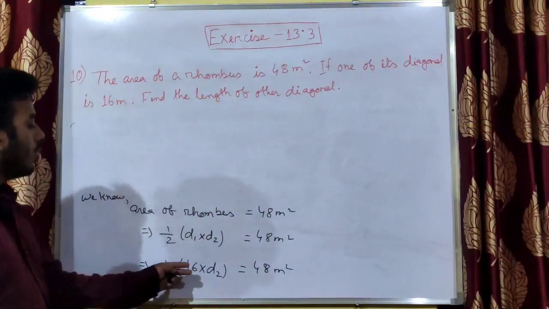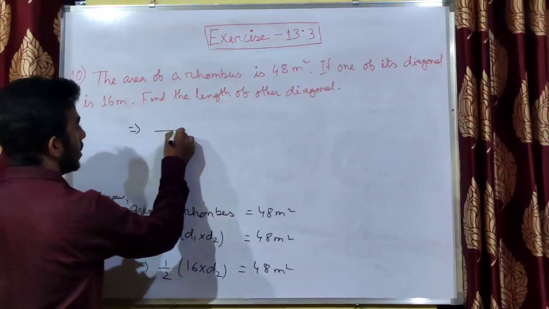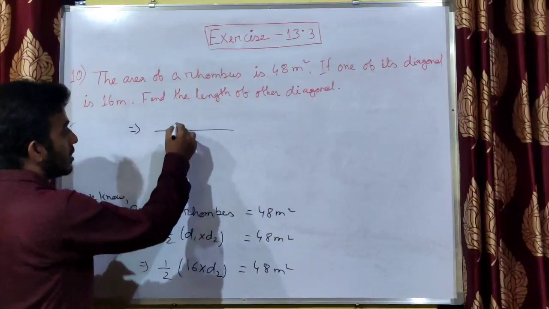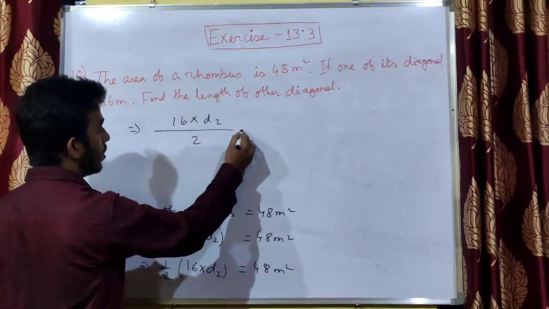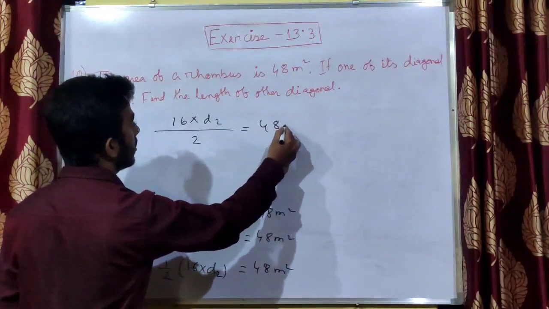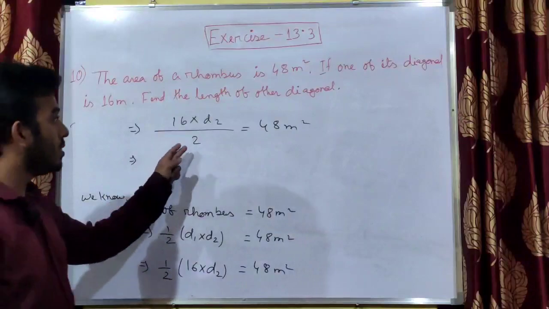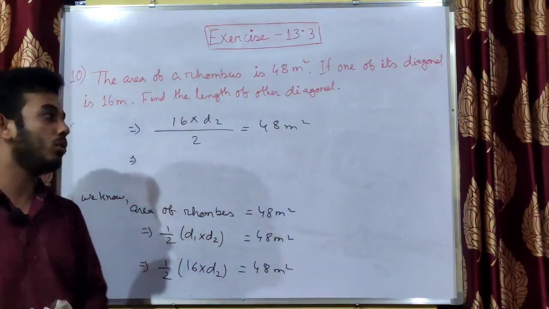So now we will multiply numerator with numerator. When you multiply anything with 1, it will be the same, right. So it will be 16 into D2 by 2 equals 48 meter square. Now, as 2 is divided, when we change the side, it will be multiplied.